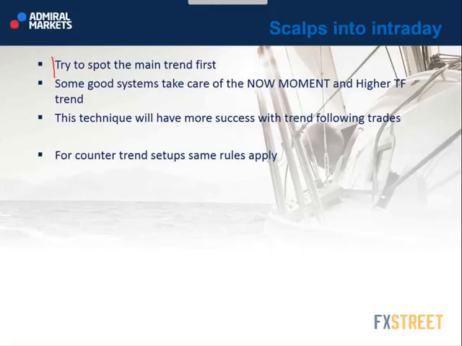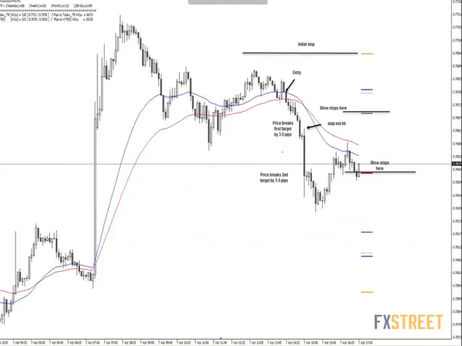Try to spot the main trend first. This system should have a now moment trend, which is the trend which has been happening in the now moment, but also a higher time frame momentum trend.